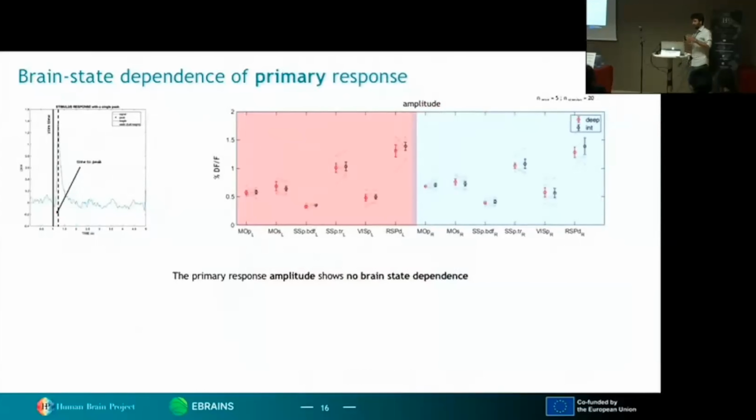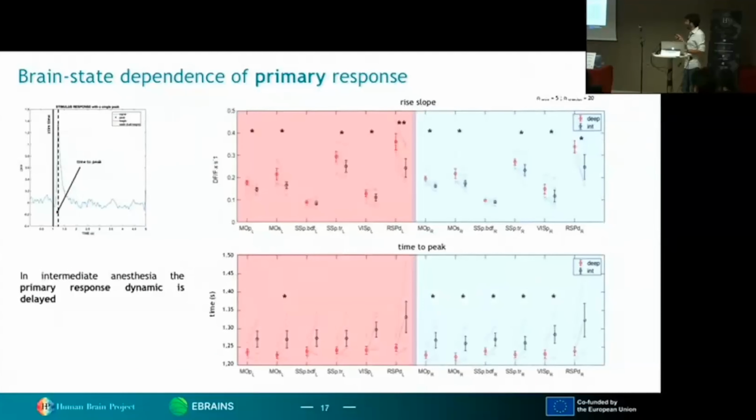Looking at the primary response, we observe that there is no difference between the deep anesthesia and intermediate anesthesia concerning the amplitude of the signals. Although there are significant differences between the amplitudes at single areas, and this is mirrored in both hemispheres, there is no difference between the two brain states.